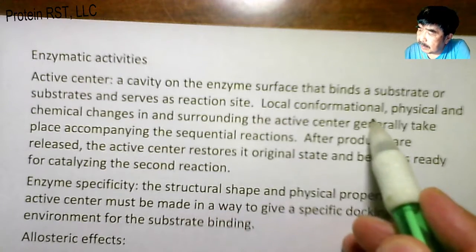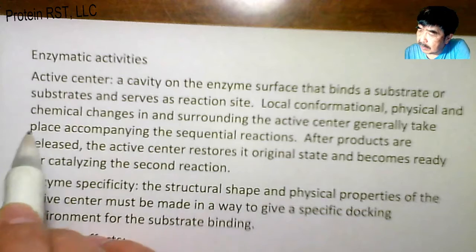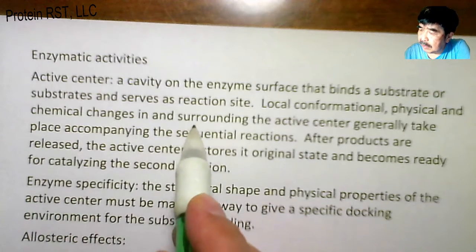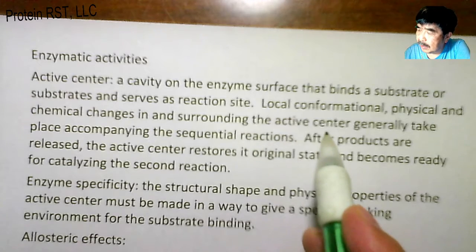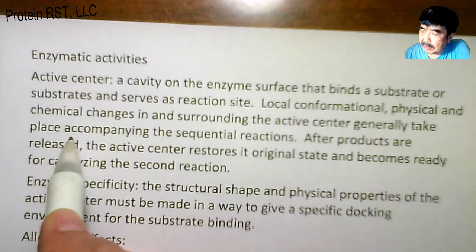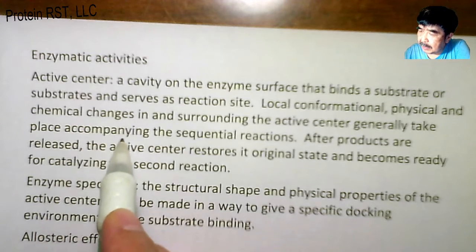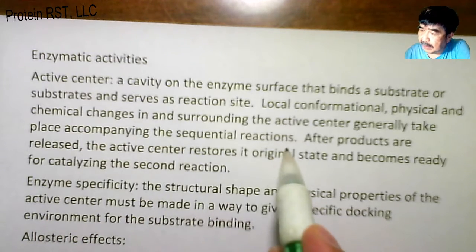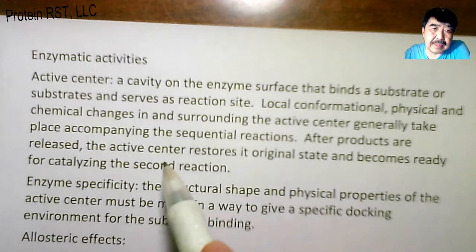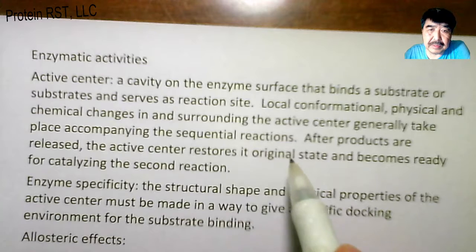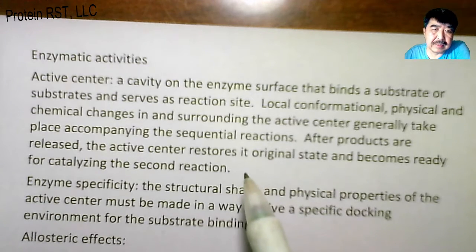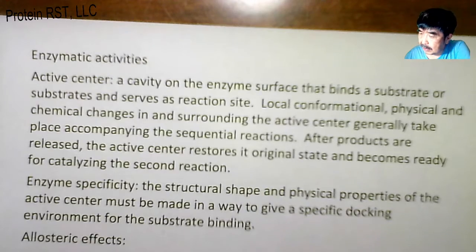Local conformational, physical, or chemical changes in and surrounding the active center generally take place accompanying the sequential reactions. After products are released, the active center restores its original state and becomes ready for catalyzing the second reaction.